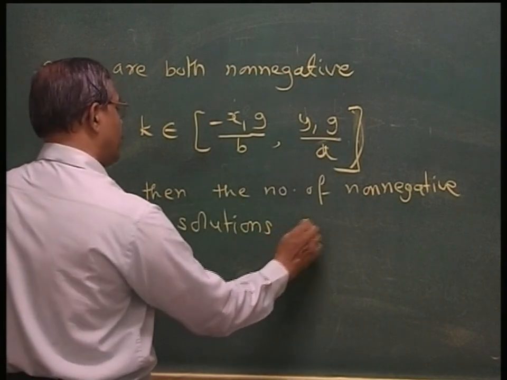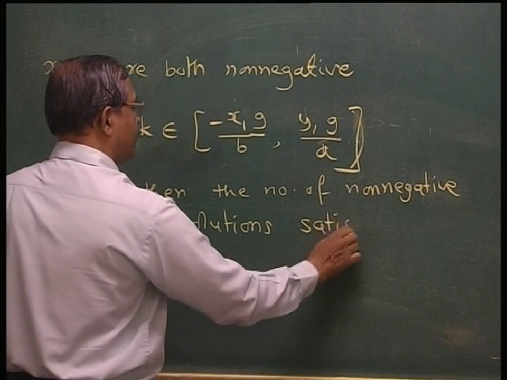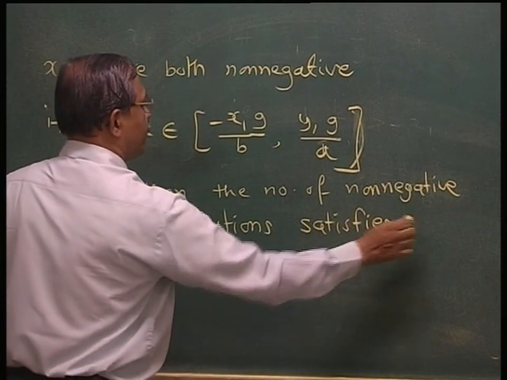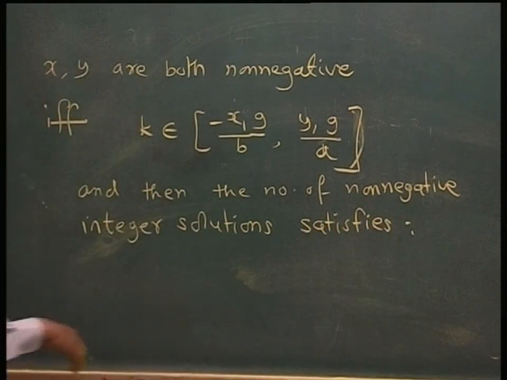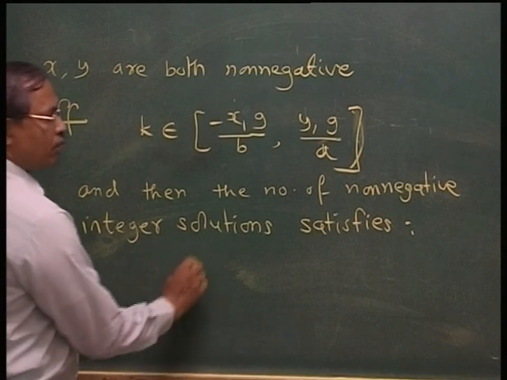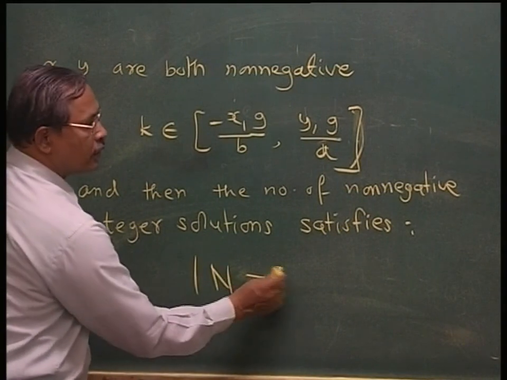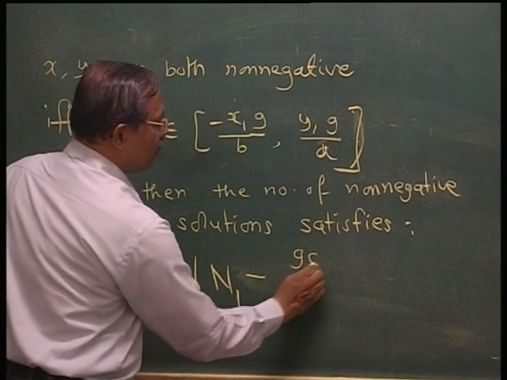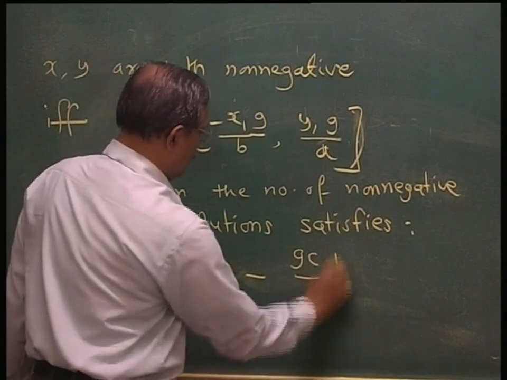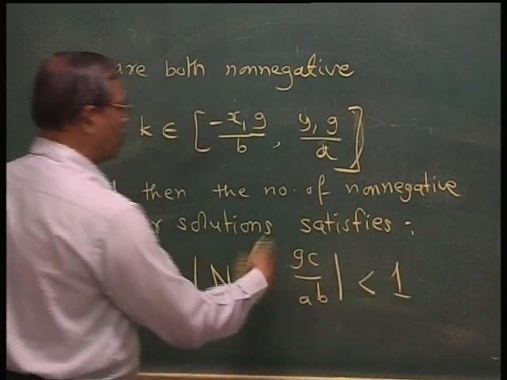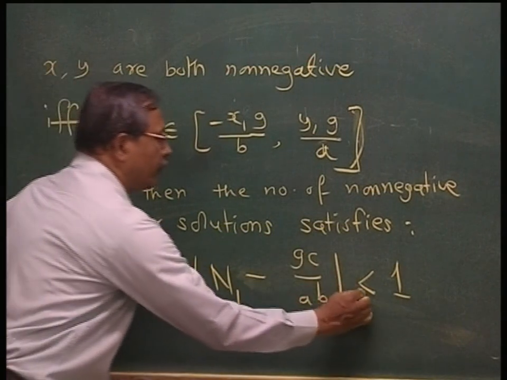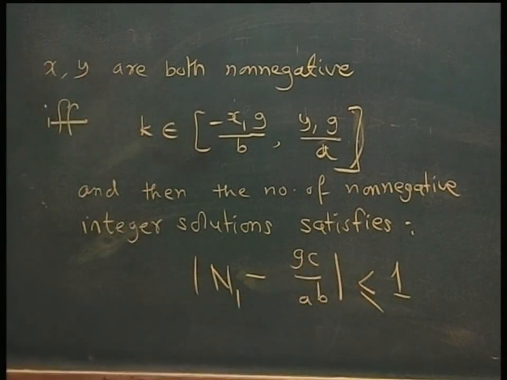So suppose this number is n1, then mod of n1 minus gc upon ab is less than 1. So it is very close to, less than or equal to 1. It is very close to gc upon ab.